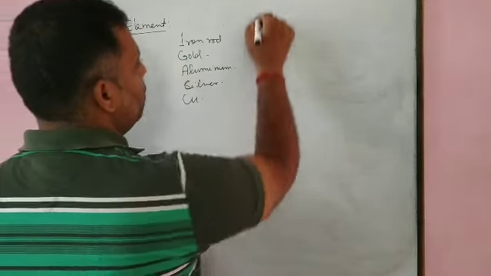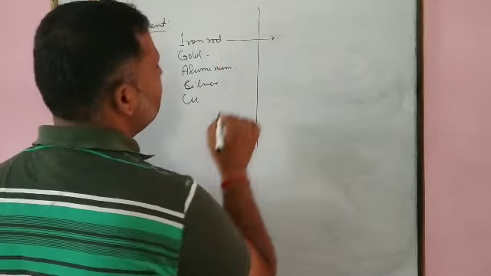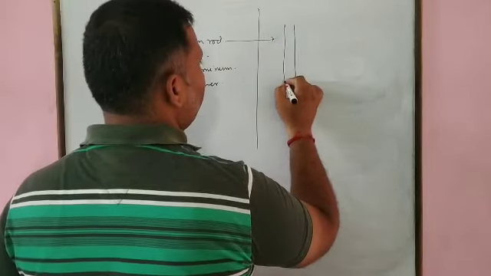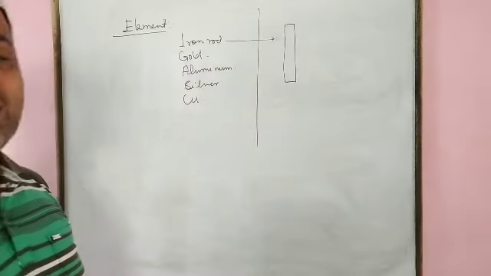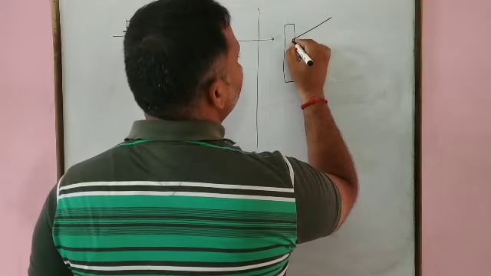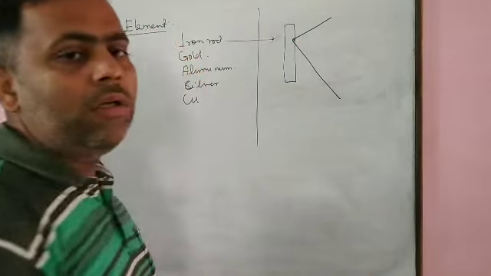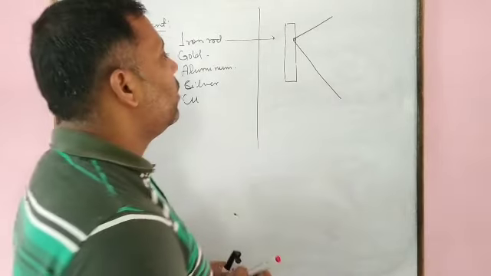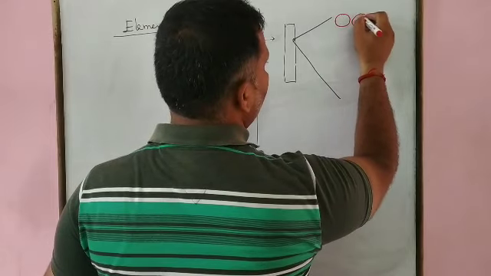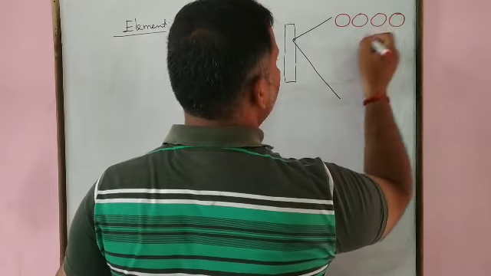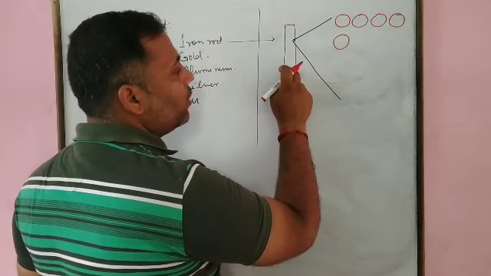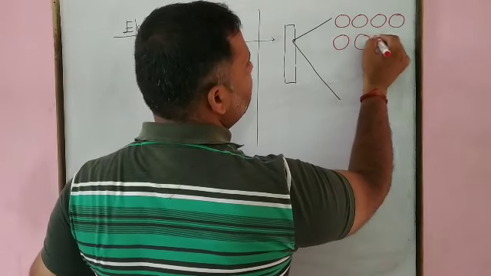Let us discuss elements. If this one is an iron rod, when we see its internal composition, let us see it. We are going to see this part. When we see a magnified part of this iron, we see that it is composed of atoms.